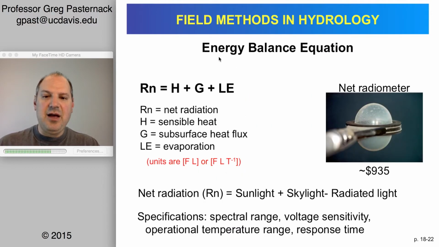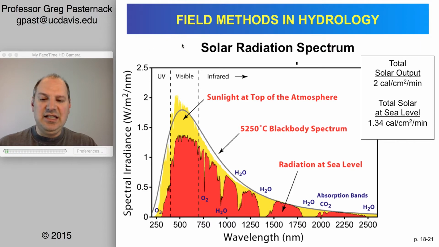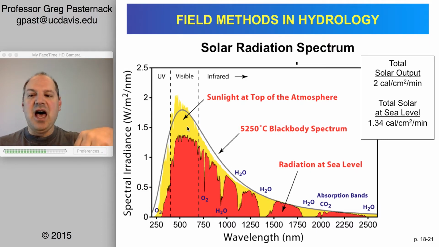And that means we set up an energy balance equation. On the left is the net radiation. Now, what do we mean by net? Well, it's not just that energy is coming in, but the surface is also giving off long wave radiation. And it's not just what's coming from the sun, but it's also coming from the clouds. So I feel like this is something that I mentioned already.